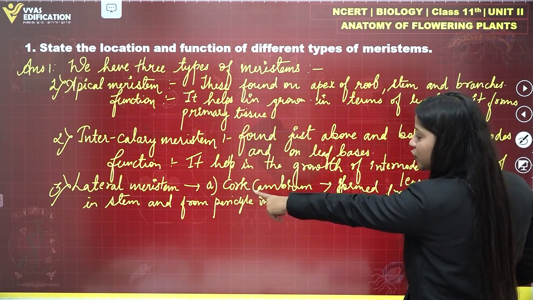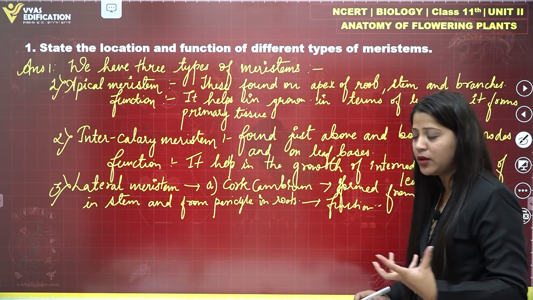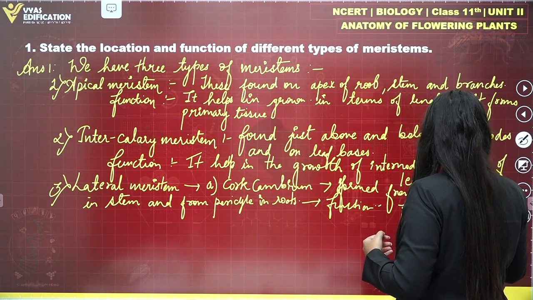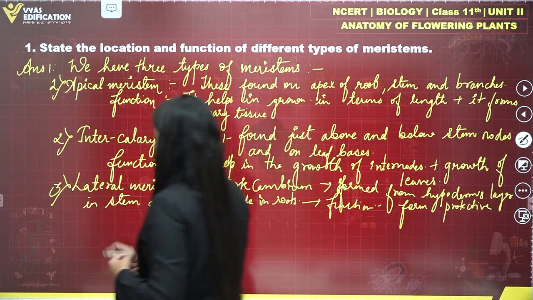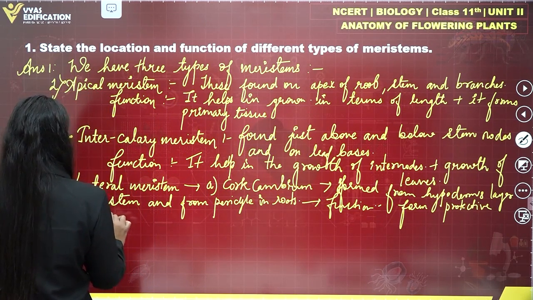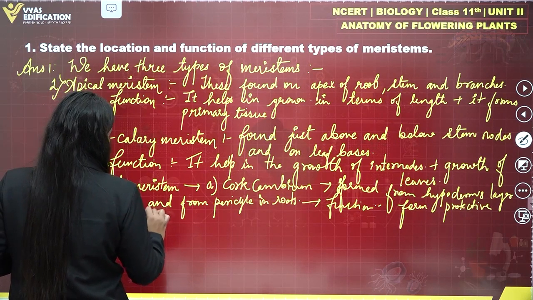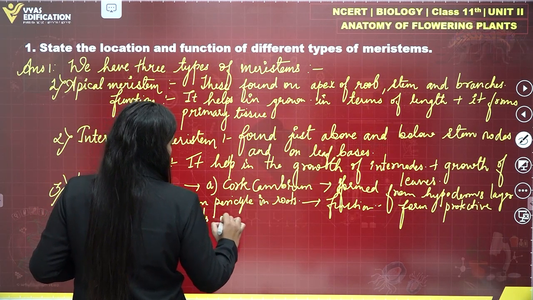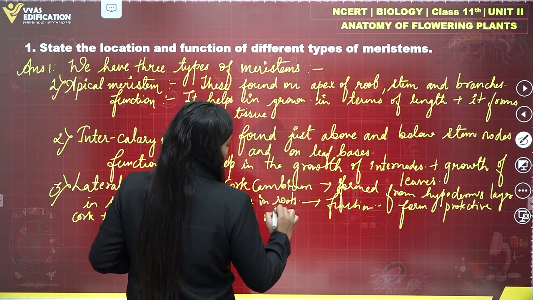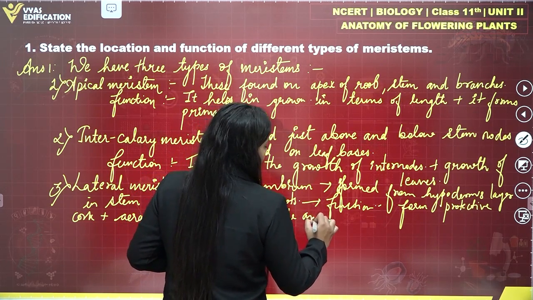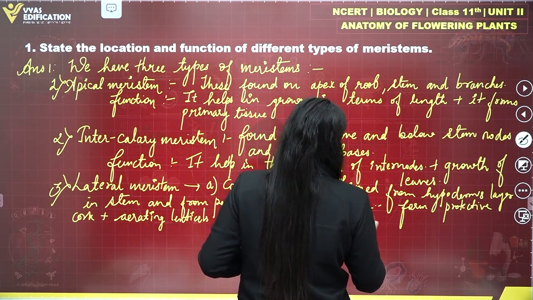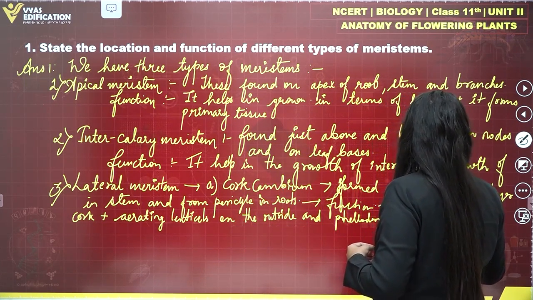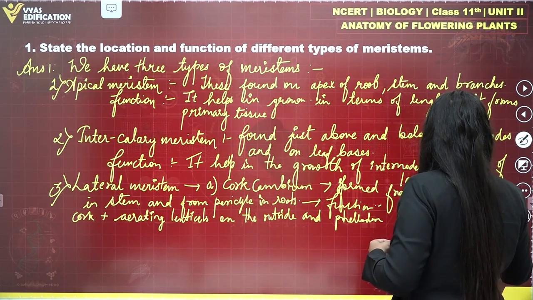So the function of this cork cambium, which is also known as phellogen, is going to form protective cork plus aerating lenticels on the outside and phelloderm on the inner side, right?